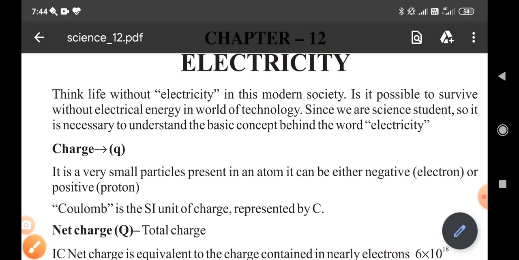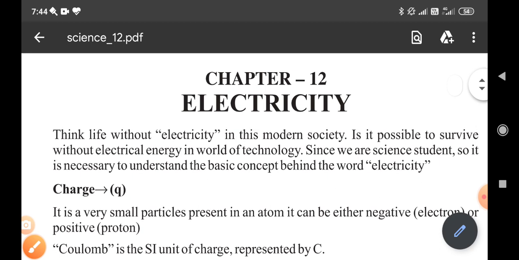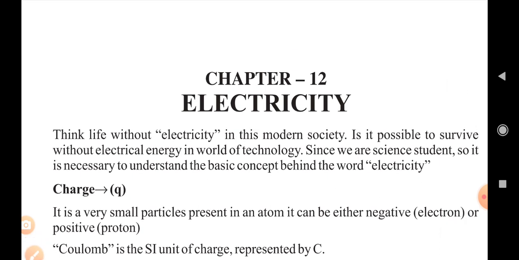In this summer, you are enjoying under a fan, and in the evening you switch on the bulb to get light from it. You are playing with mobile phones, listening to my audio and video.